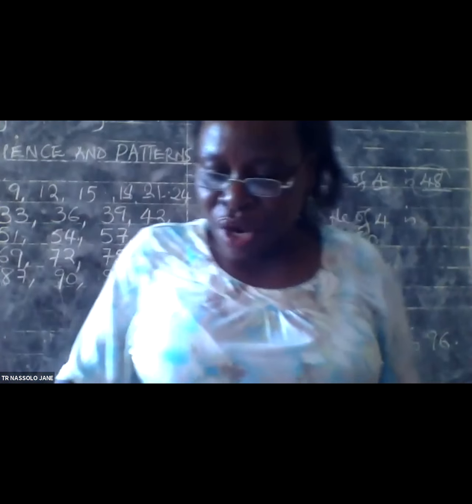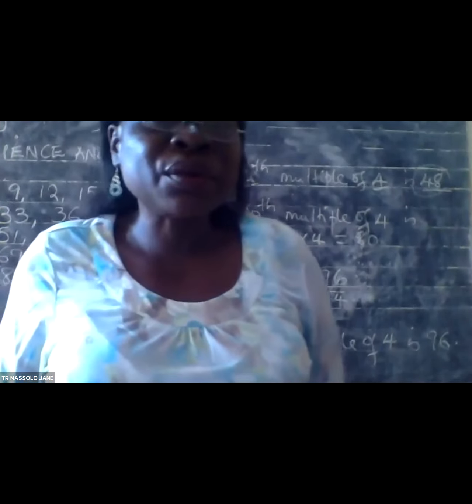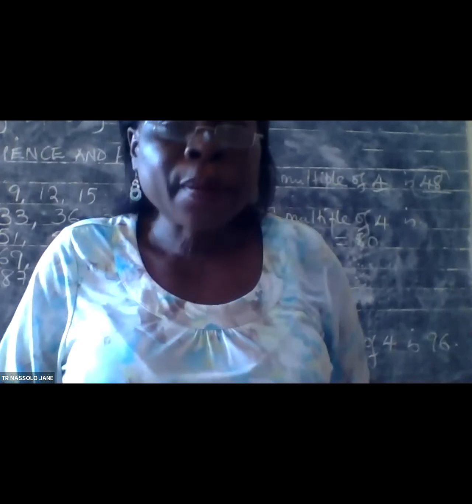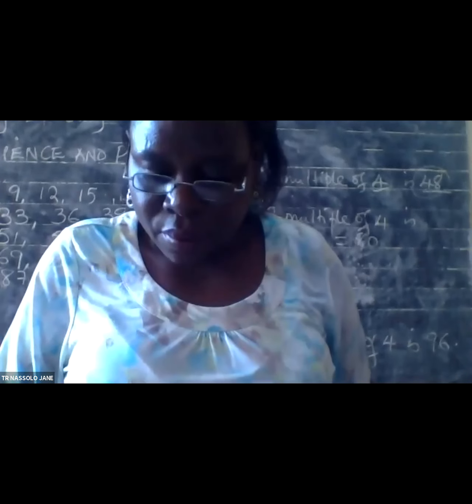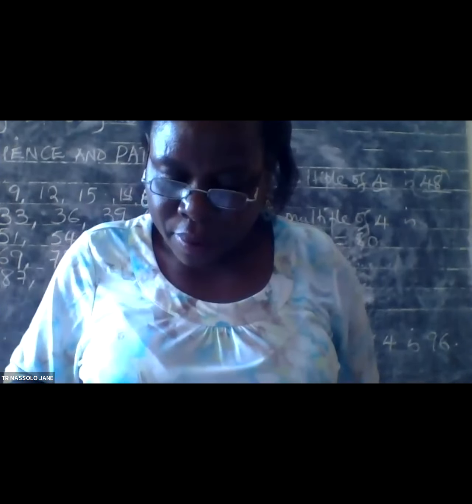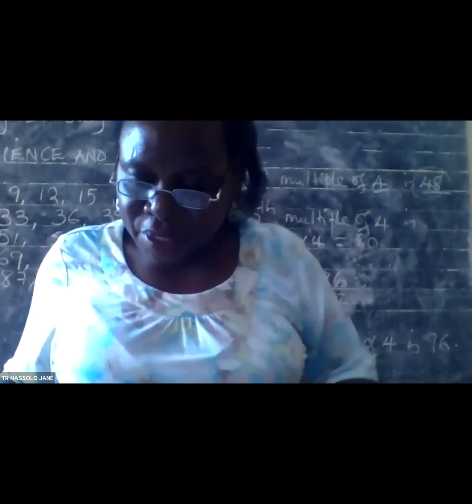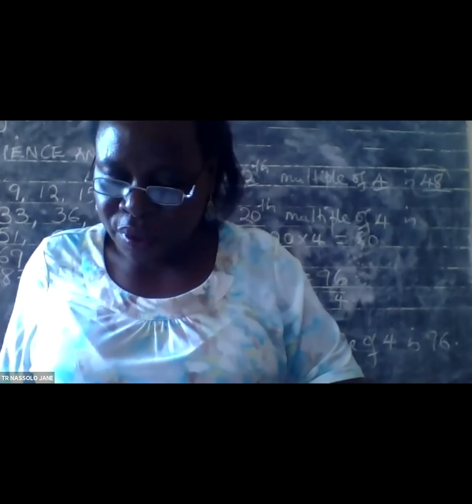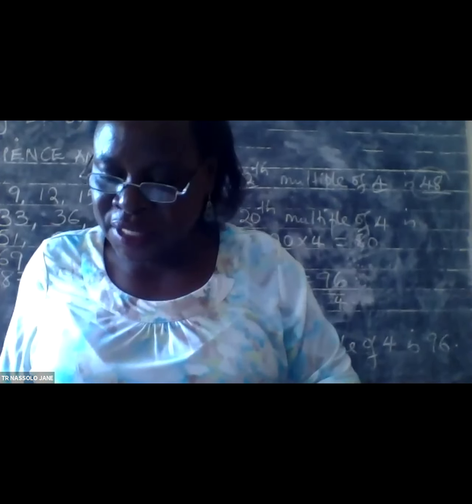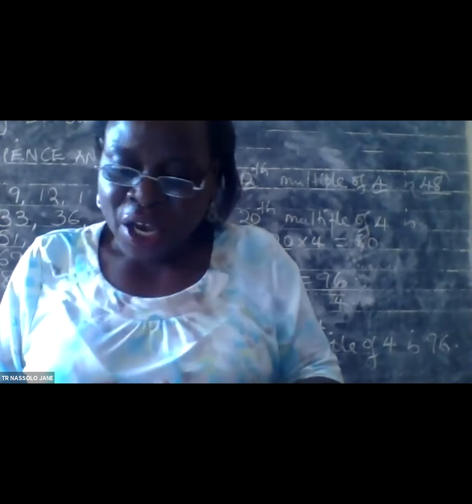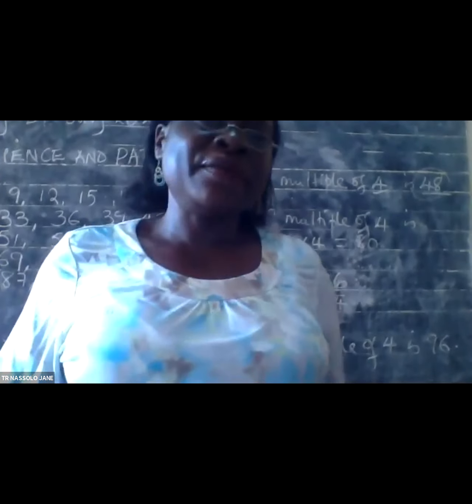Manisula, my son? Which table, the table down or the one up? We started with the first table that was giving us multiples of 4. That was page 46. We have done page 47. We are now on page 48.